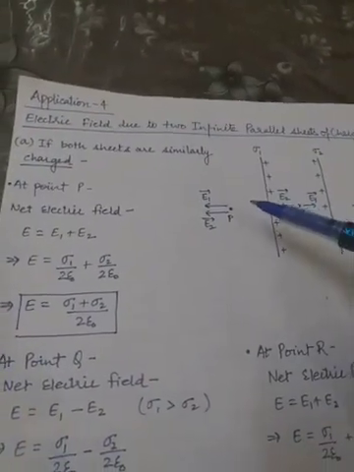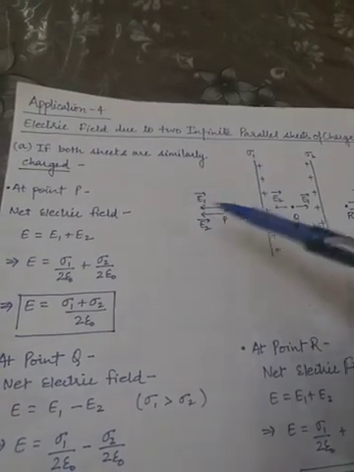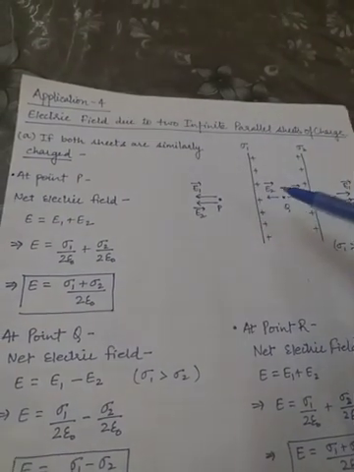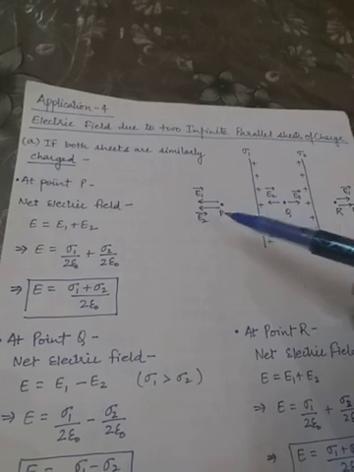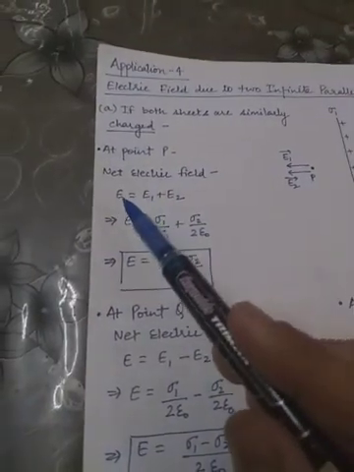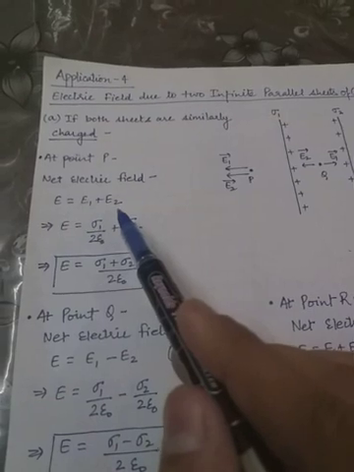So at point P, E1, that is due to sheet 1, is always away from positive charge, means towards left. Similarly, E2 is also due to a positive charge, so it will also be away from positive, means towards left. So at point P, these two electric fields are in same direction. That's why the net electric field is E1 plus E2.